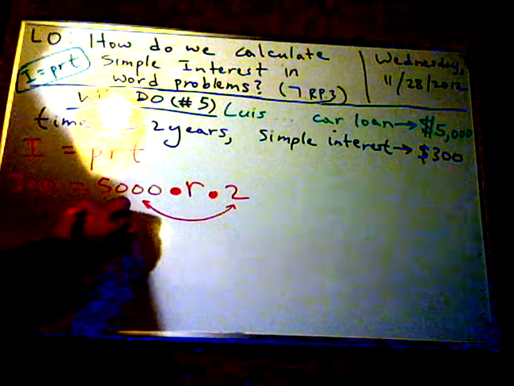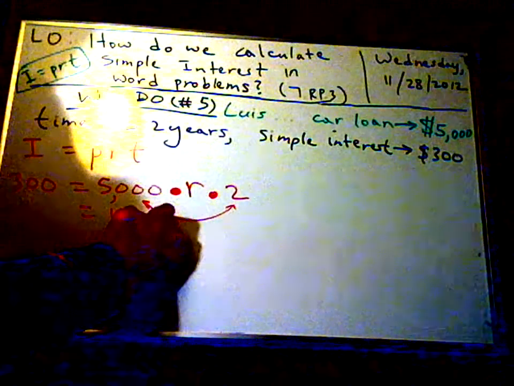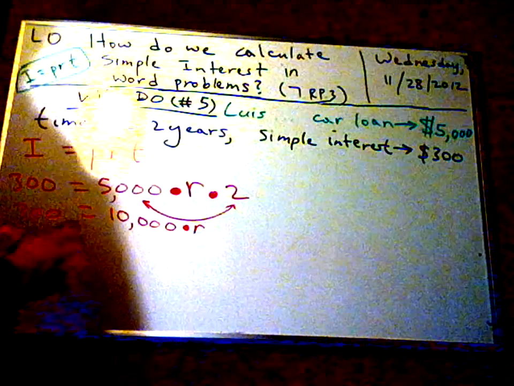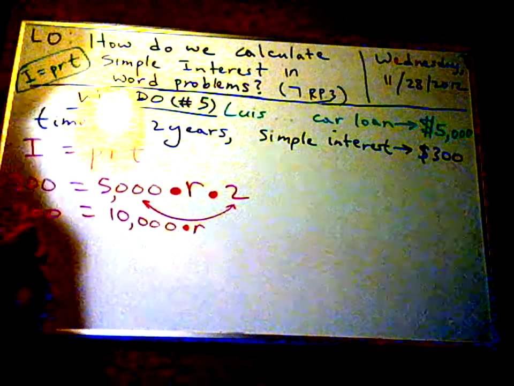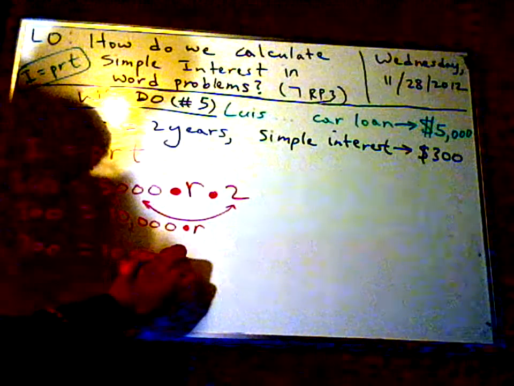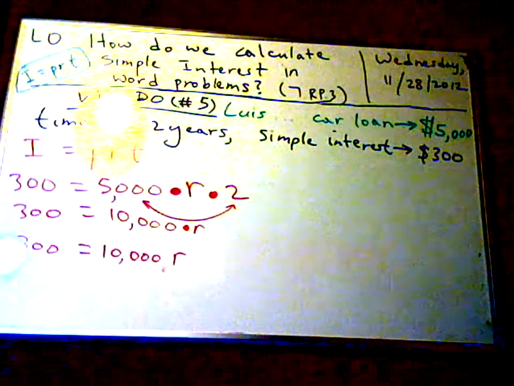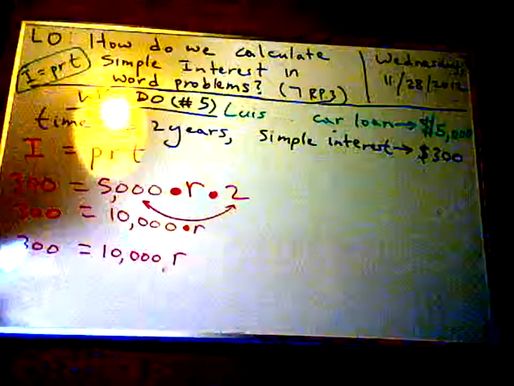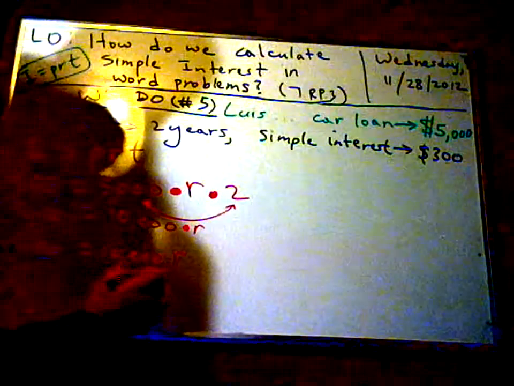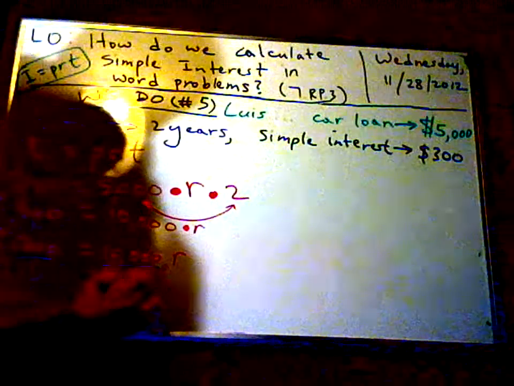On the right we would have 5,000 times 2, which is 10,000 times R. That's equal to 300. So 300 equals 10,000 R. If I want to solve for R, I have to divide by 10,000 to get what 1 R is.